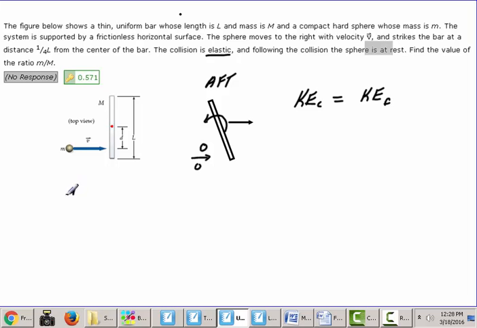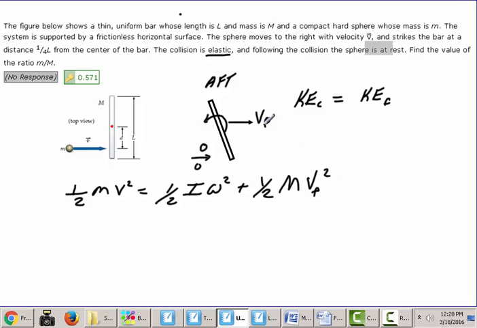So we can say that 1/2 the little mass times this velocity squared must equal, after it hits, 1/2 times the moment of inertia of this times its angular velocity squared plus 1/2 times big M times VF squared. Well, this is the VF here. So right there is our energy equation. I would go ahead and simplify things, get rid of our 1/2.